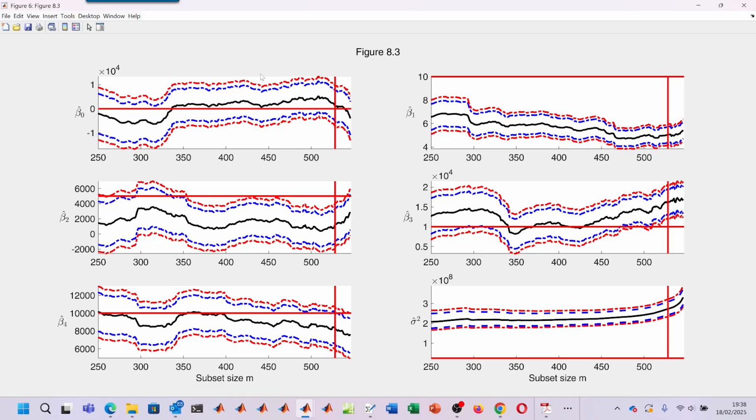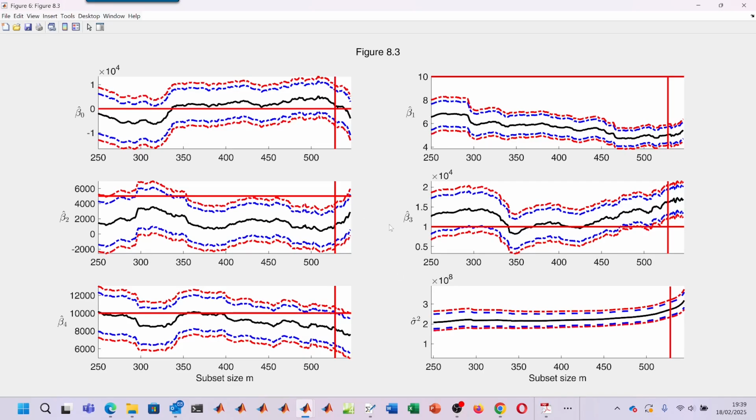This is looking at the second half of the search, and we see that the envelopes for some cases move up and down, but on the whole, generally speaking, the envelopes no longer lie at all around the prior value, this horizontal red line. This is especially true for beta 1 hat, and for the estimate of sigma squared it's even more so. And the next one, working away, is beta 2 hat.